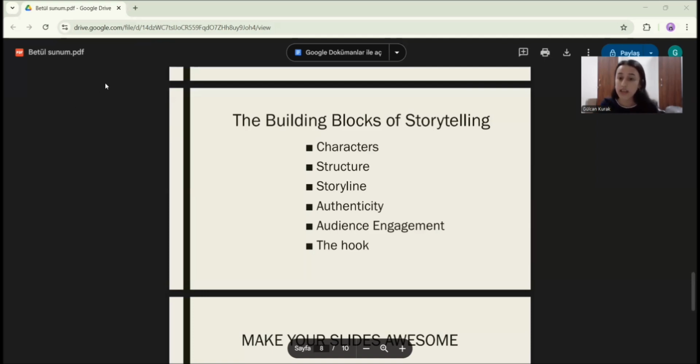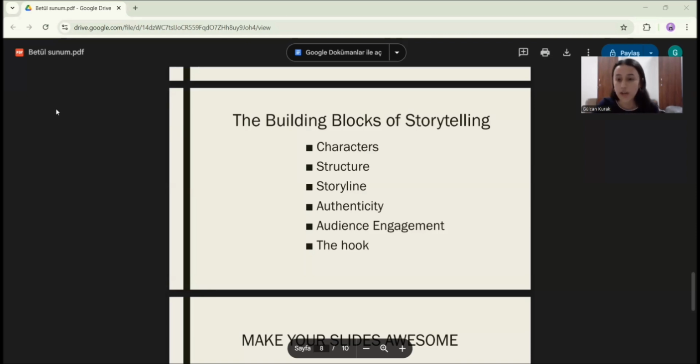And audience engagement is also an important part, I think, because if you have a good relationship with your audience, it develops your telling skills, I think.